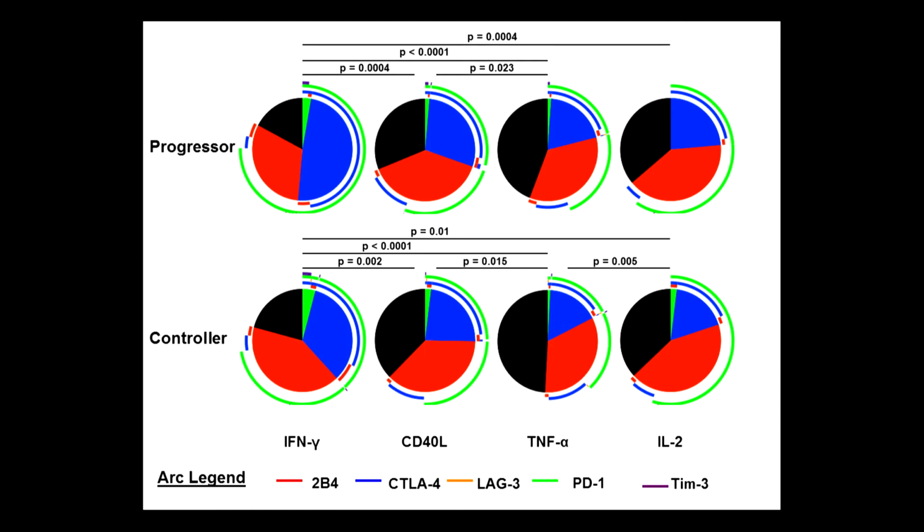Now, with that knowledge, we know that using a blockade, like an inhibitory receptor blockade, might impact different CD4 T cell functions.